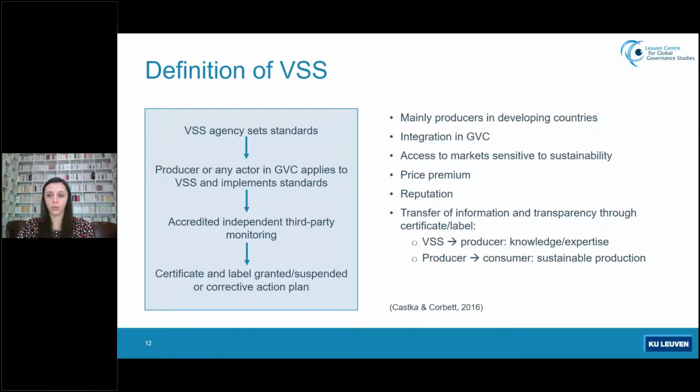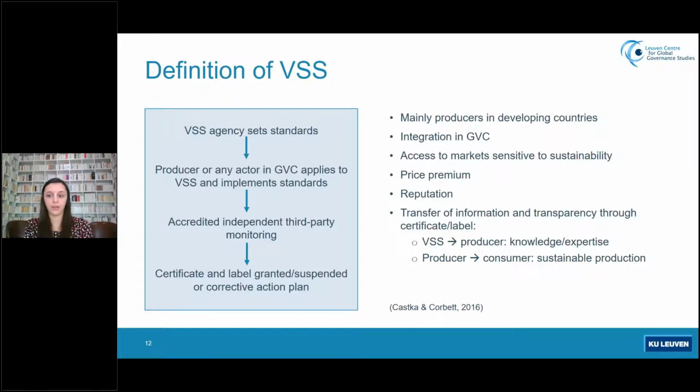So VSS are an important tool for the transfer of information, both from the standards agencies to standards adopters, as well as from standards adopters to their consumers or buyers. VSS can first make adopters benefit from knowledge or expertise from VSS agencies about how to sustainably manage their operations.